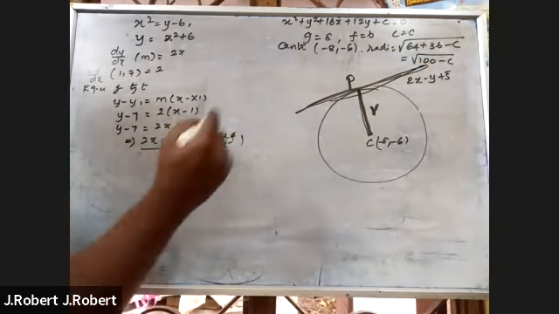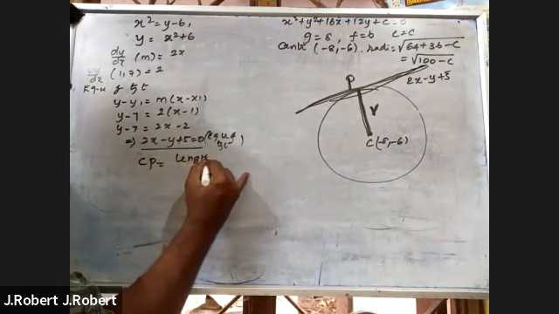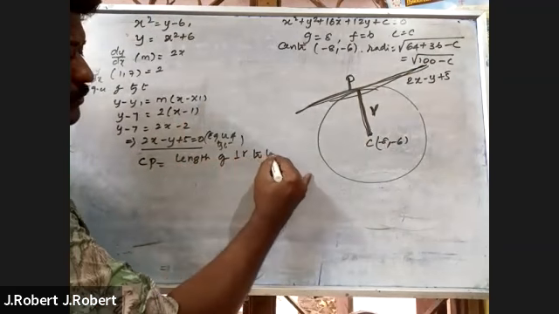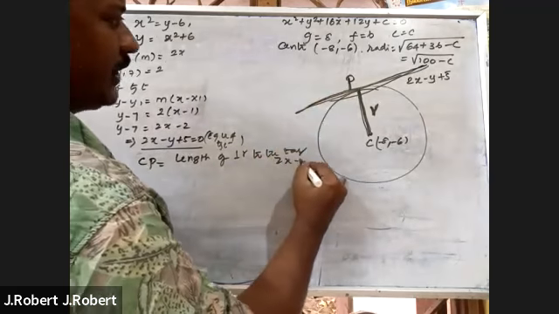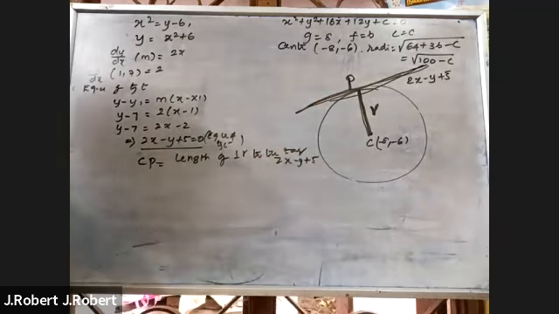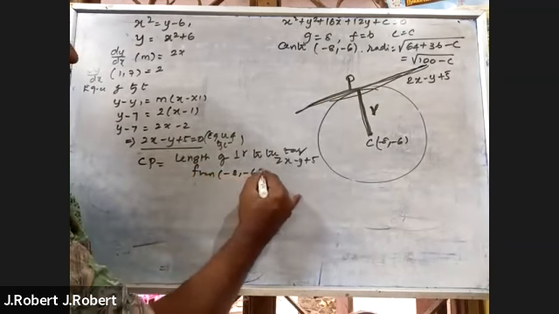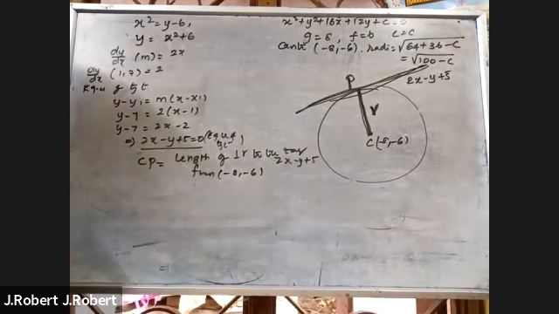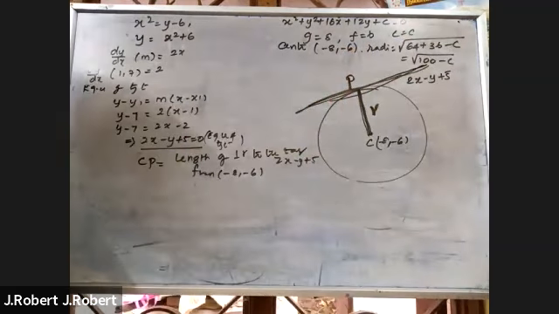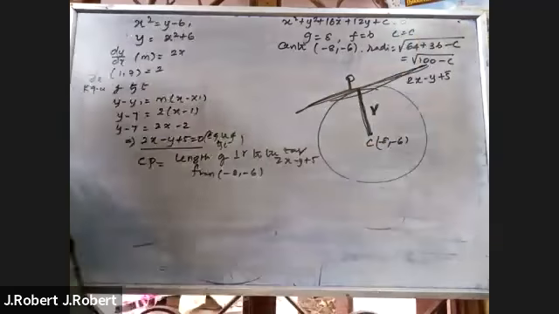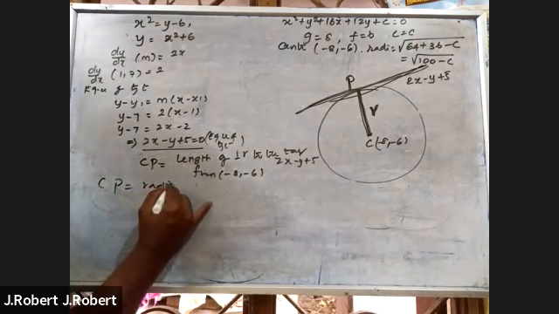So CP is the length of the perpendicular to the tangent 2x minus y plus 5 from the point -8, -6. That is the meaning. And the same length is nothing but the radius of the circle. We have already found it, root of 100 minus c. So your CP is equal to the radius.